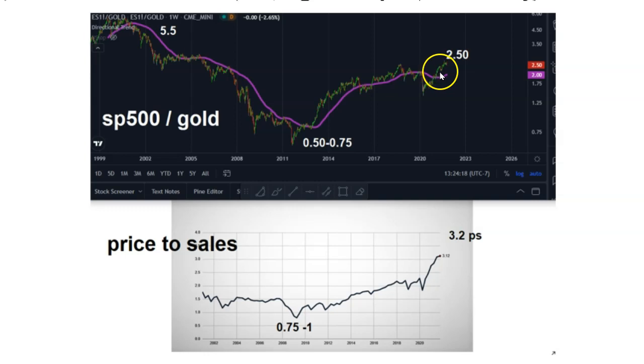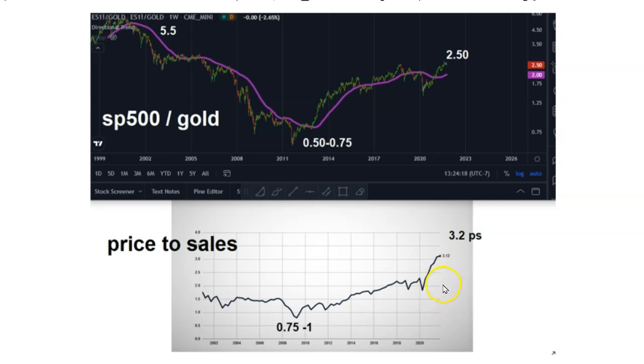So either gold is too cheap, or the dollar is too cheap, or stocks are too expensive, or a combination of both, or all 3. That's my takeaway from this data, that this number 3.2 price to sales, or 3.12, whatever we are, is a little high, or a lot high, depending on how you look at it.